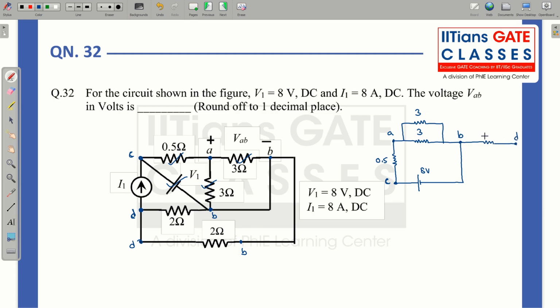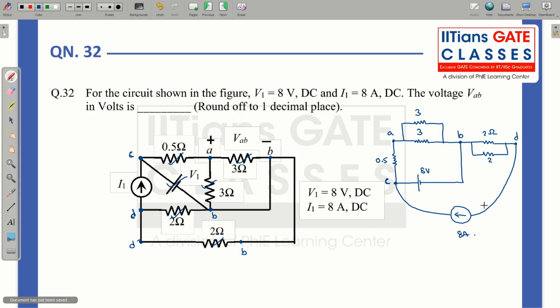Let this point be D. So this is 2 ohm. I have one more 2 ohm over here, so this is also 2 ohm. And in between C and D, you can see there is one current source. So this point is C, and this is your current source having 8 ampere.